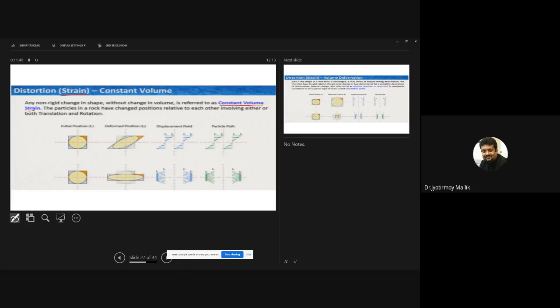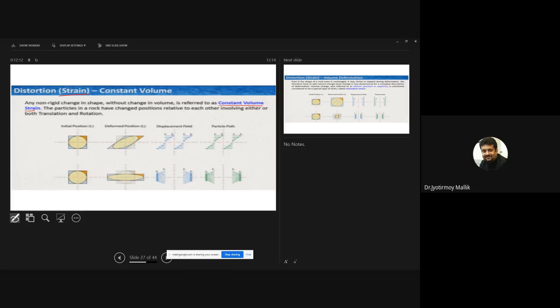It is a non-rigid sort of deformation, so there is no rigid body rotation or rigid body translation, but there could be cases where the volume is kept constant. There are cases where volume actually changes; we will discuss later how it looks when the volume changes. But for the time being, let us look at a constant volume strain.